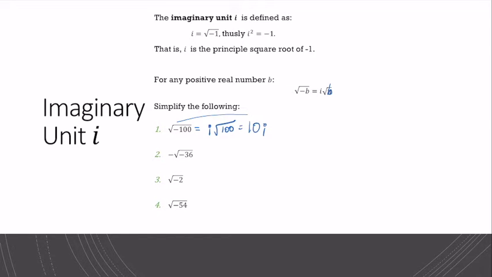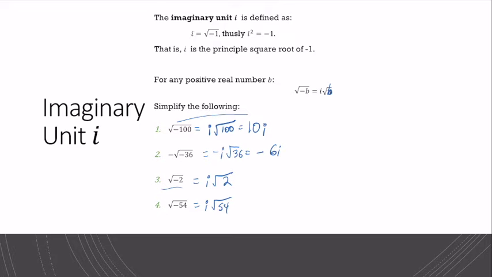Next, if I have negative the square root of -36, that's -i square root of 36, which becomes -6i. The square root of -2 becomes i square root of 2. I can't really simplify that any further. And the square root of -54 becomes i square root of 54.